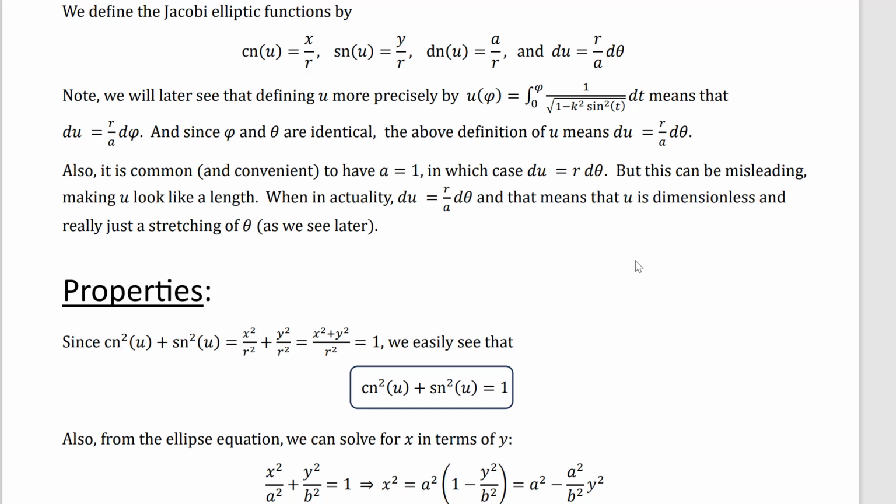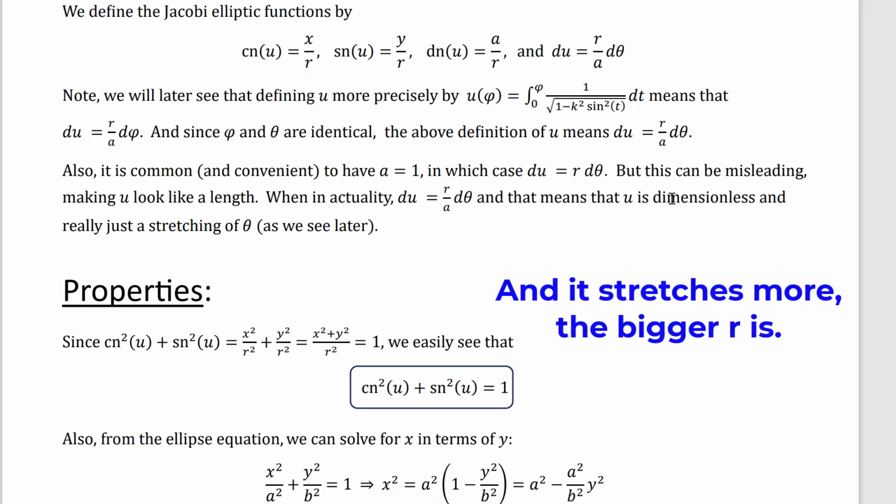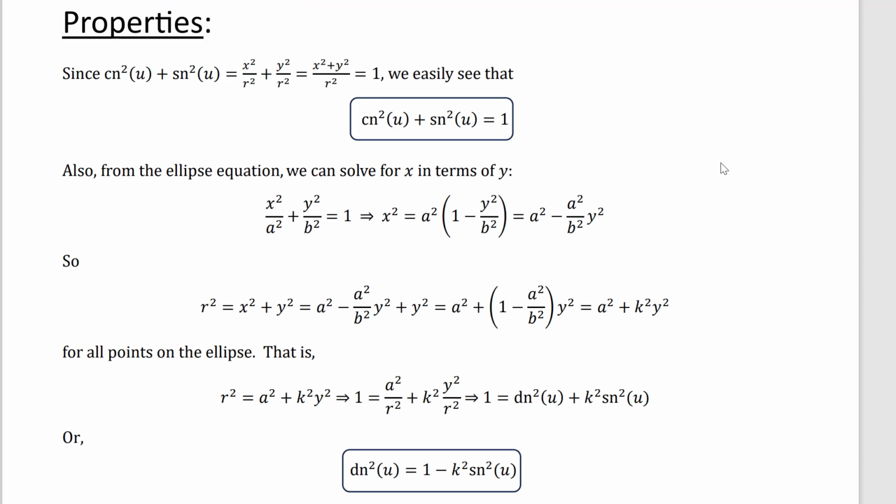And that kind of looks like a length. It would be like a length on a circle or something, but it's misleading. You divide it out by the minor axis, so it really should be a dimensionless quantity. And so really what du is, it's just a stretching of theta, as we'll see, and it stretches the bigger r is.